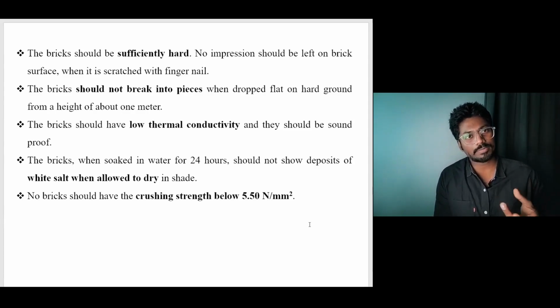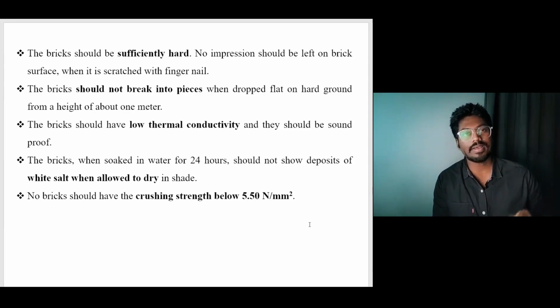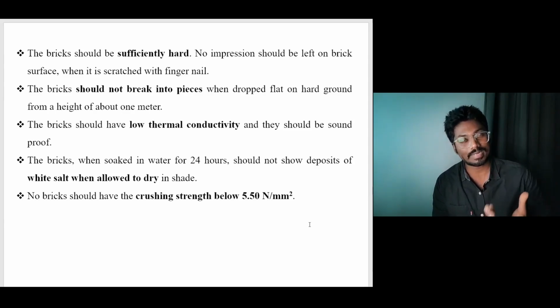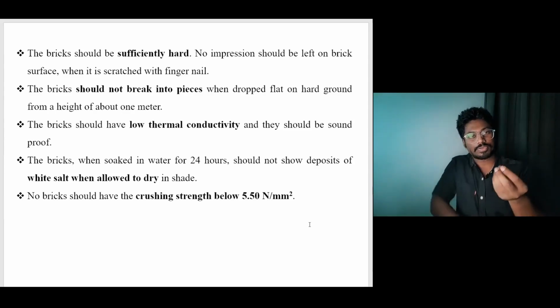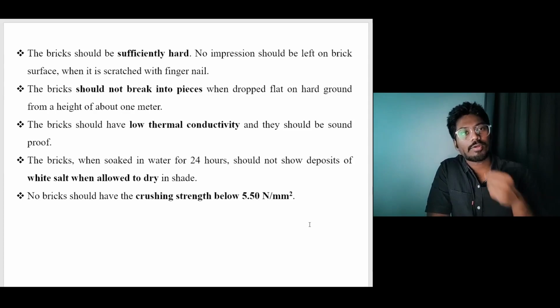This should be completely absent in brick masonry, because if it happens, it means that the brick has a high absorption rate and has absorbed a lot of salts, or it has many dissolved salts in the brick raw meal. We call the manufacturing material raw meal. In those constituents, having a lot of soluble salts is not advisable for a good brick masonry unit.